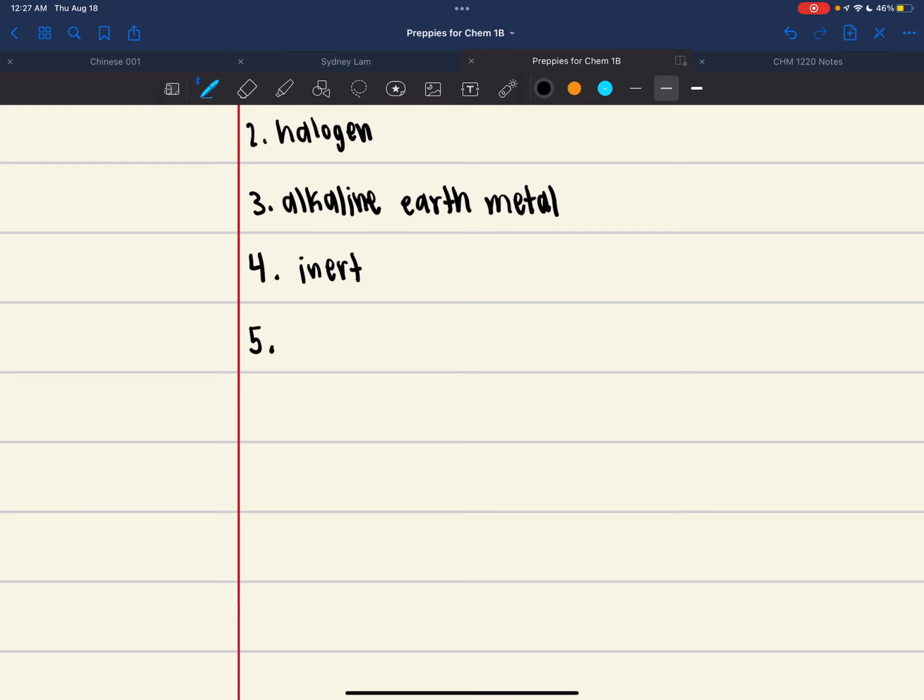Let me put a little tip here. Inert basically means it doesn't participate in chemical reactions.